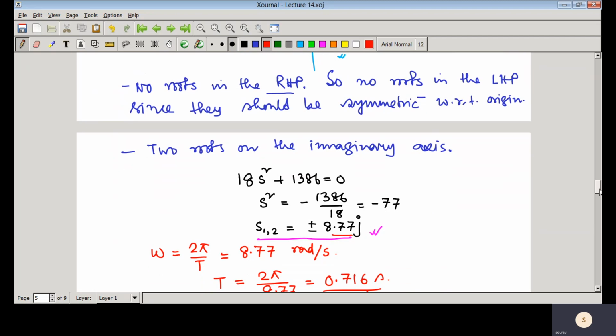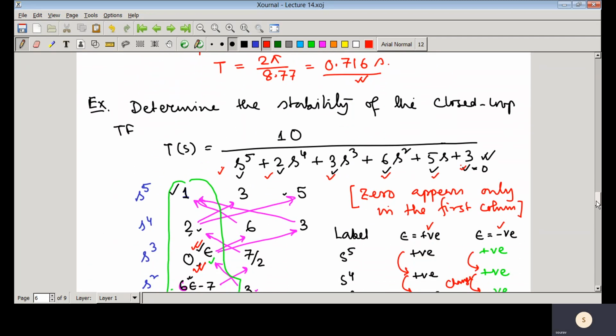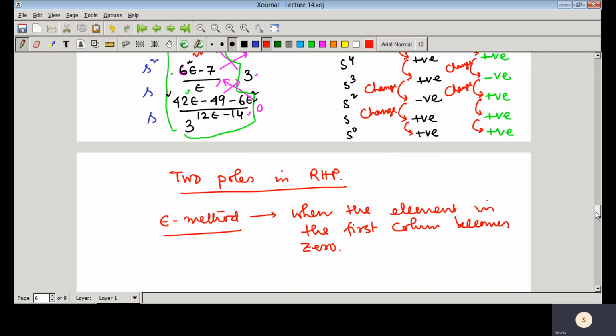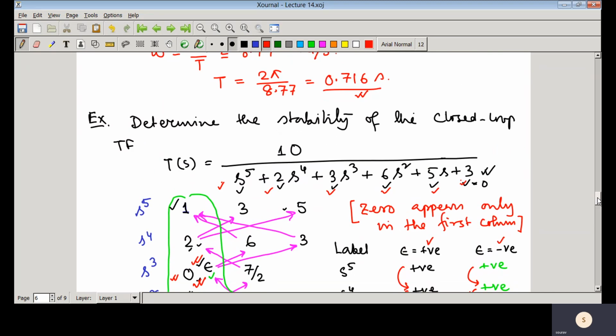The other case is that the first element of a row may become 0. In that case, we follow the epsilon method, but this epsilon method sometimes may fail, particularly whenever the polynomial has all imaginary roots, and in that case we can avoid that method just by changing the coefficients of the polynomial, just swapping them. That method I am not going to discuss here.